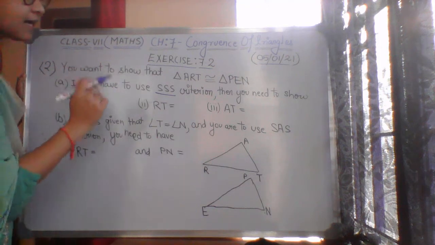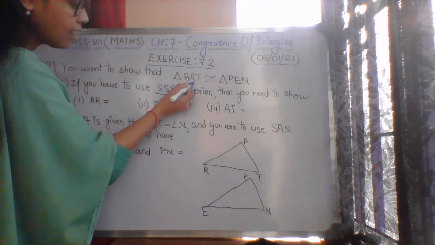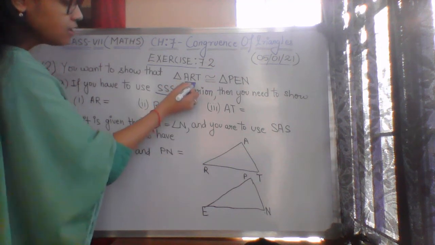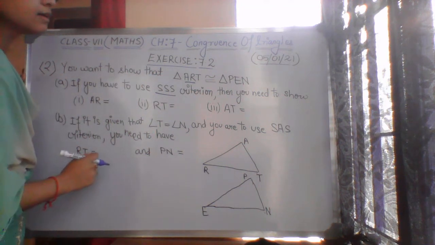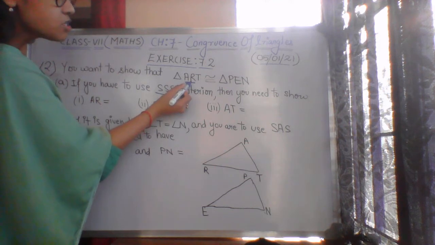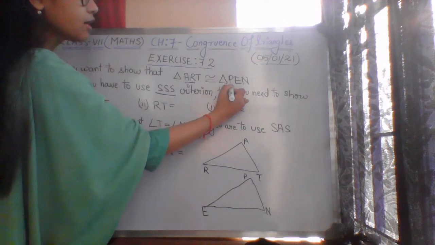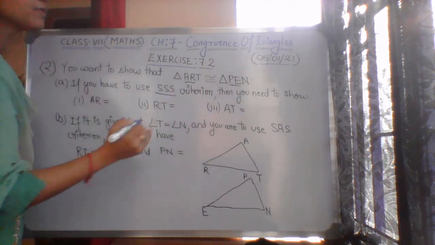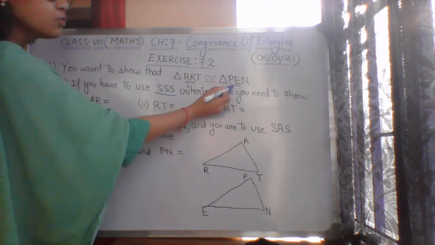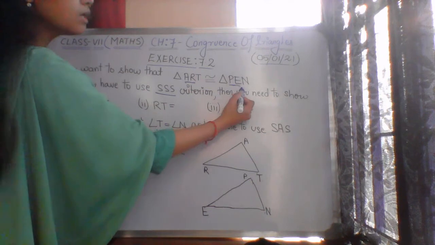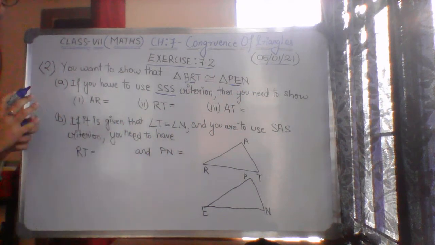So what are the sides you are having? First, AR side. AR side will be equal to which side? You are taking the first two letters, so for that side also you have to take the first two letters. So AR should be equal to PE. It cannot be equal to EN. You have to maintain the order.